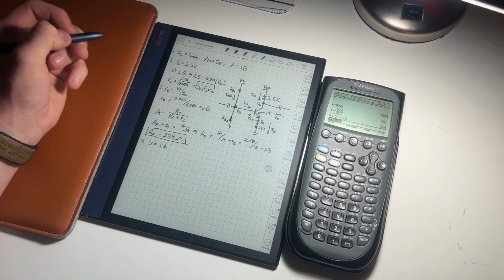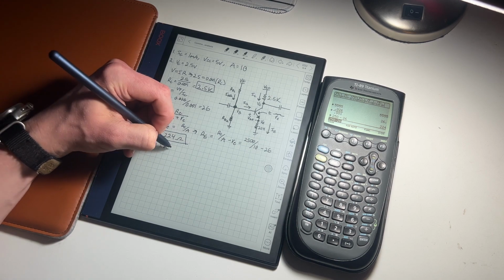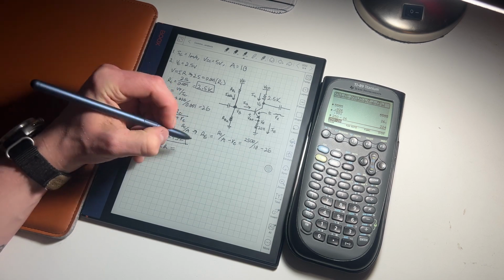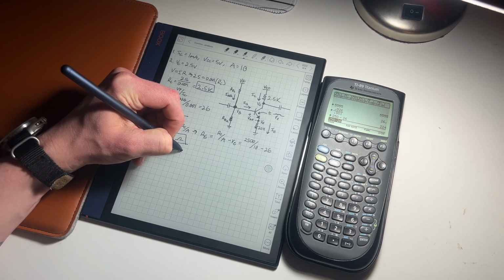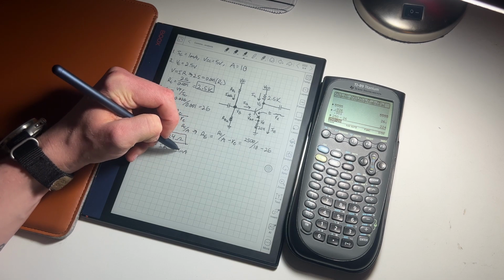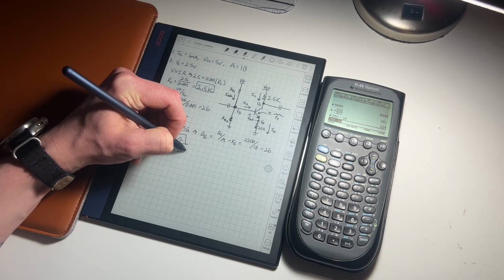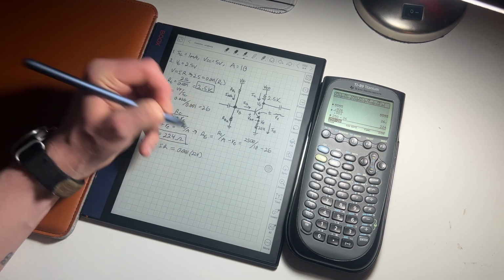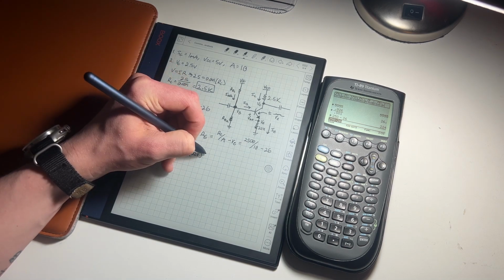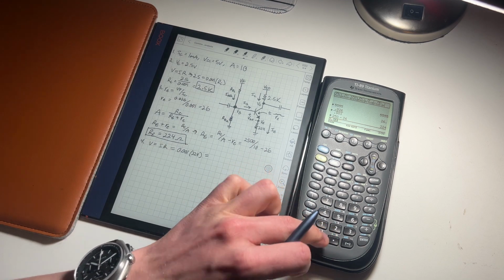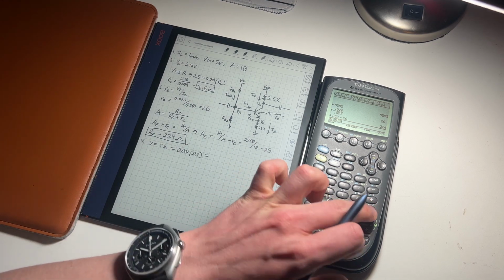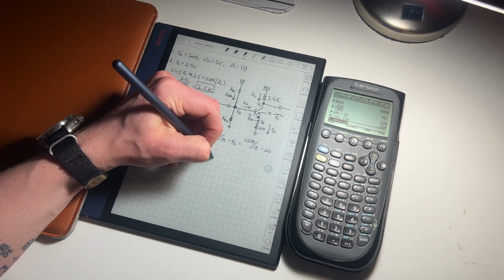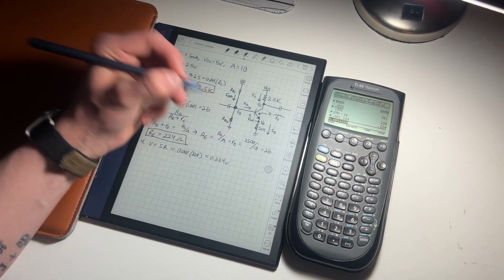We know the current and we know the resistance, so we can solve the voltage, which equals 1 milliamp, 0.001 amps times 224 ohms, which equals 0.224 volts.